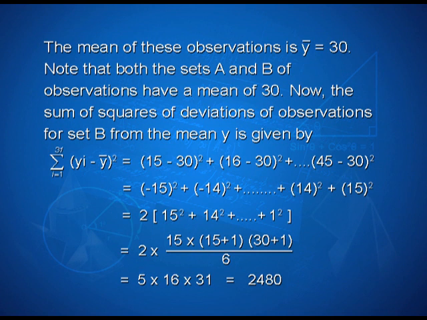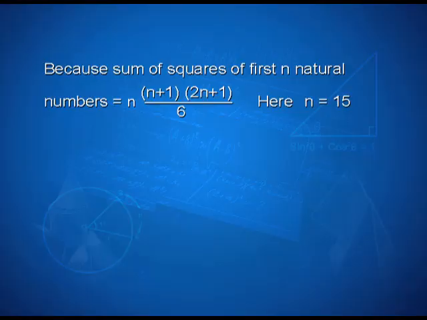This on calculation can be obtained as 5 into 16 into 31, that gives 2480, because the sum of the squares of the first n natural numbers is equal to n into (n plus 1) into (2n plus 1) upon 6. Here n is equal to 15.